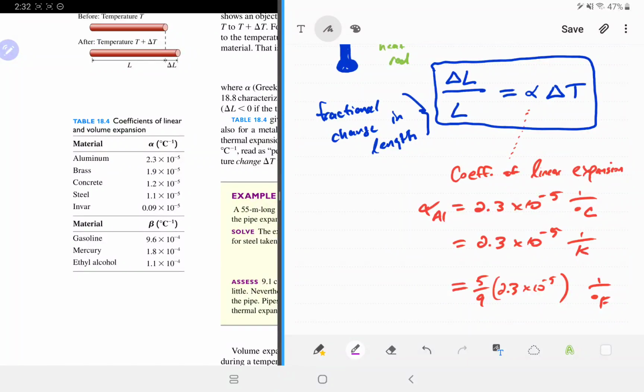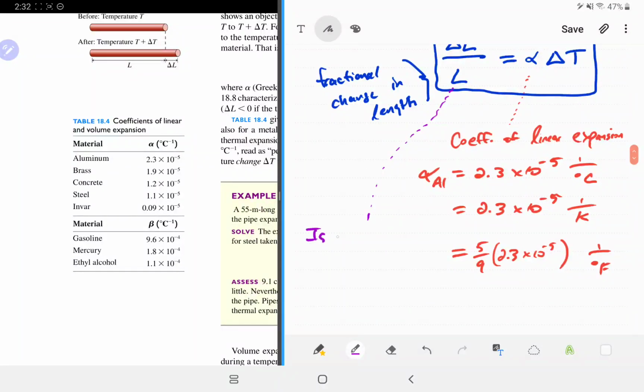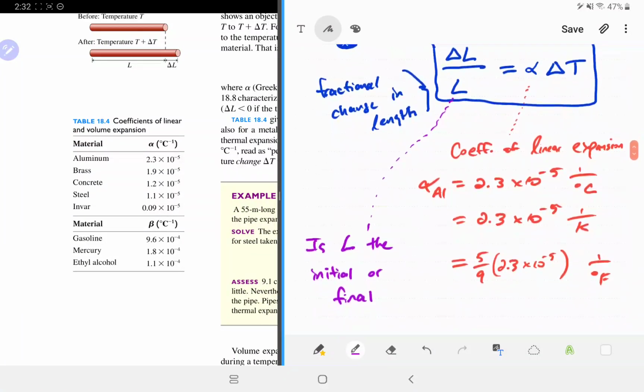Okay, so another thing that I should clarify here is, this L right here, is L the initial or the final length? Notice that this alpha, the coefficient of linear expansion, is very, very small, 2.3 times 10 to the minus 5.